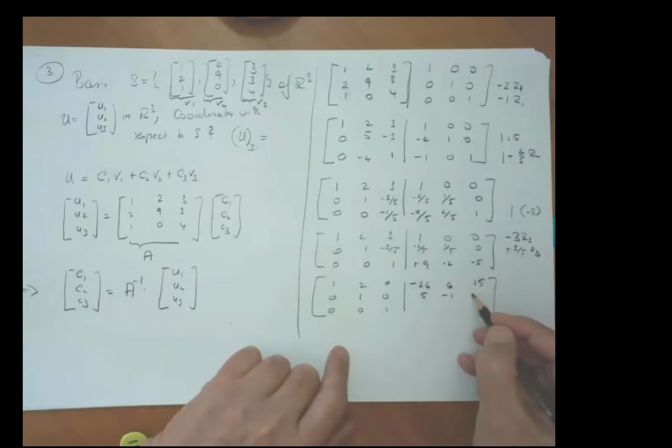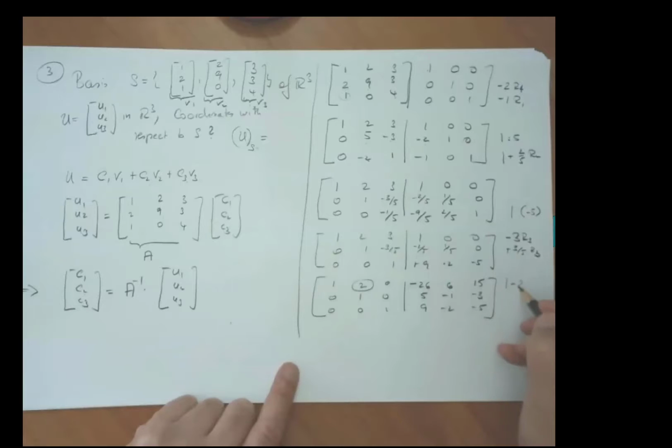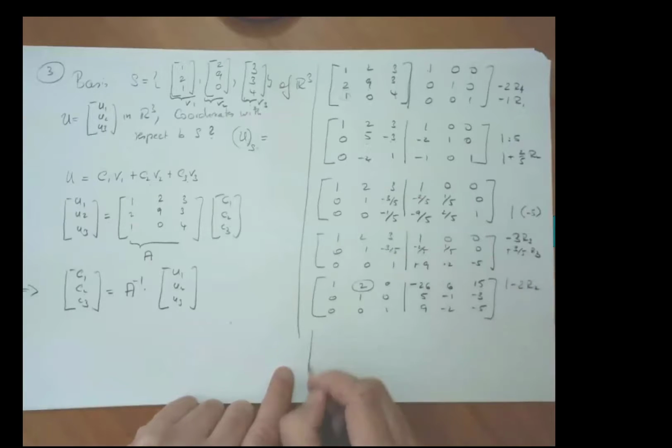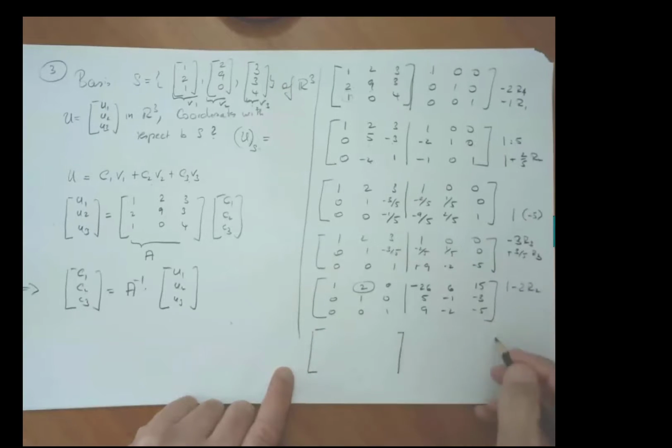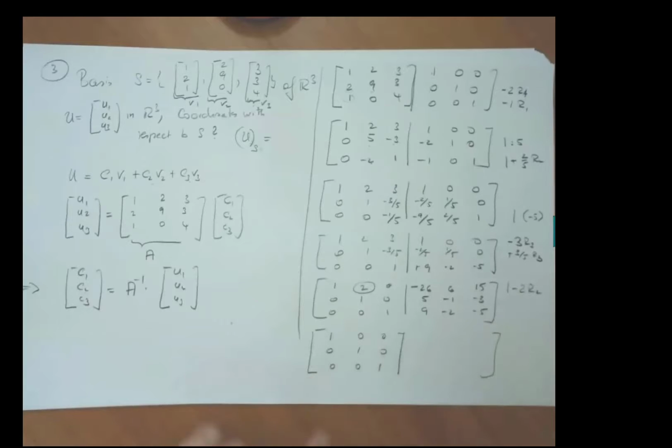And that is just minus 3. And the last row is already done. And the last thing, we have to eliminate this. So we do minus 2 times row 2. So we have 1, 0, 0, 0, 1, 0, 0, 0, 1.